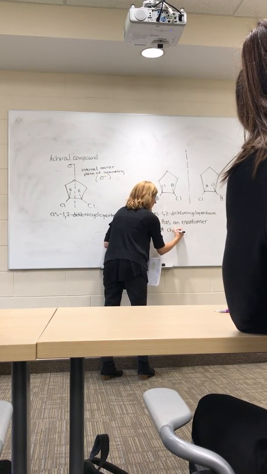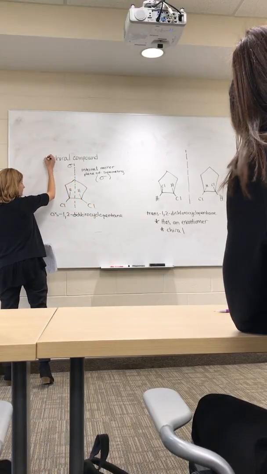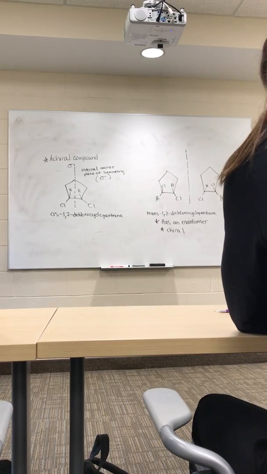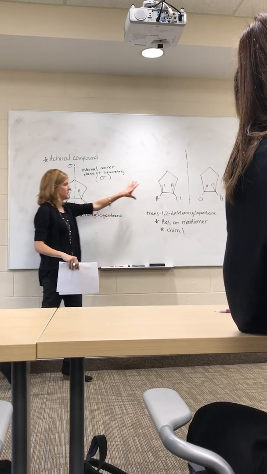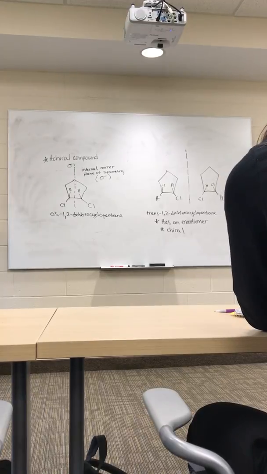This one is chiral, that one's chiral, that one was the achiral. So notice you could have these two different stereoisomers, cis and trans, those geometric isomers, but one can be achiral and one can be chiral.